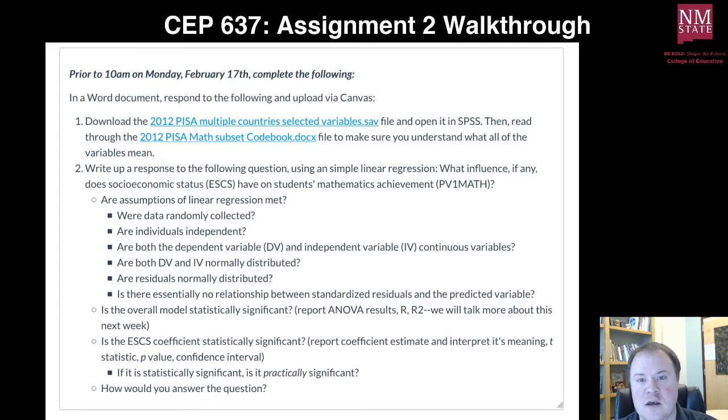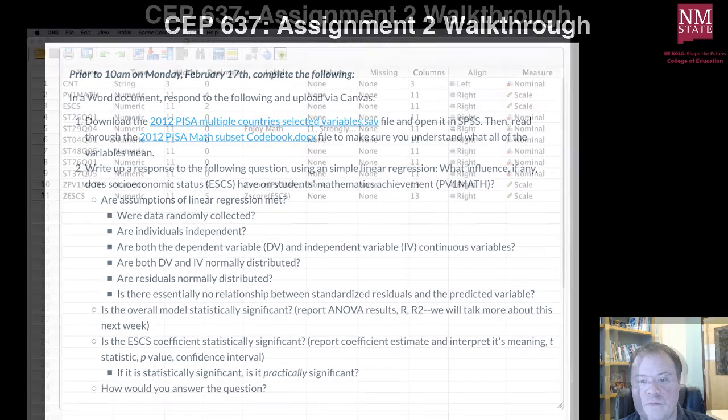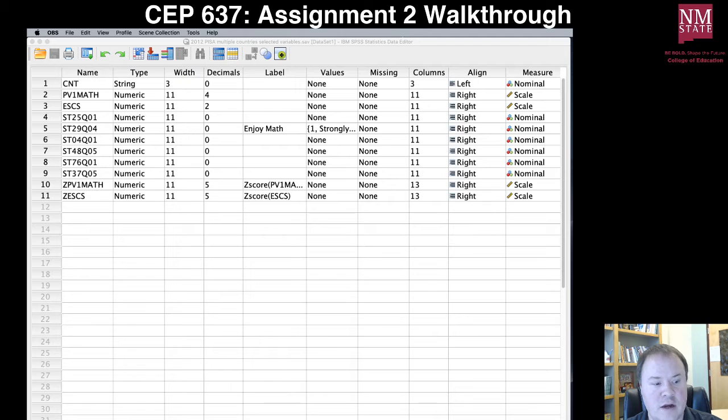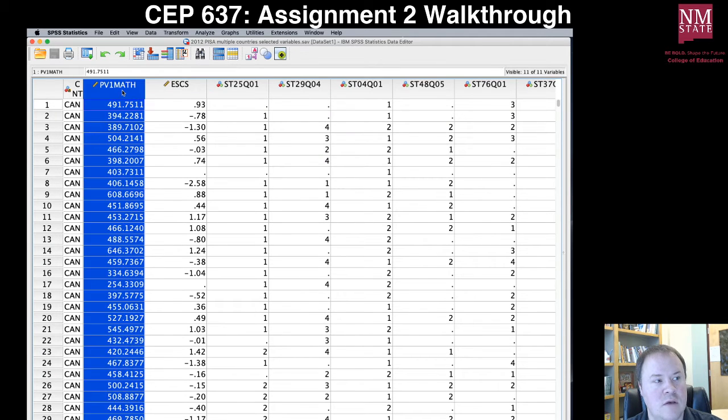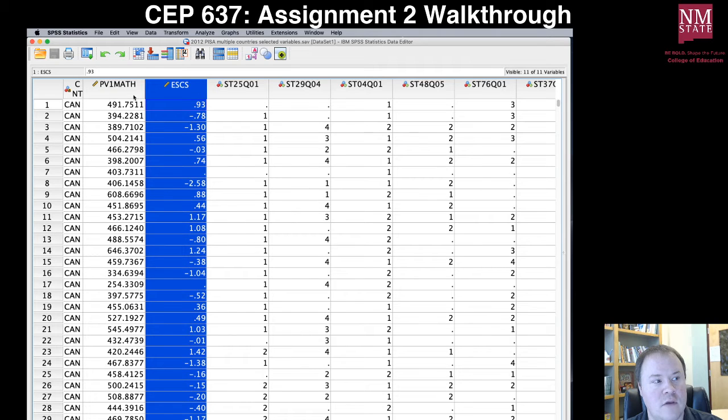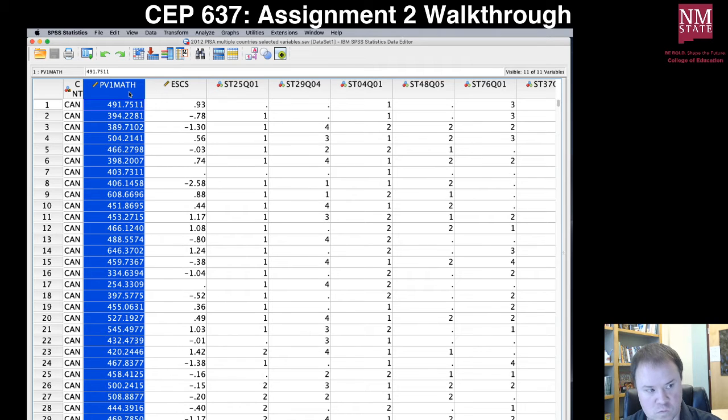We can look at the data and see that the data are in fact continuous. If we're looking at PV1 math and SES, they are definitely continuous variables. Individuals being independent of one another is potentially an issue because students can be nested within schools.